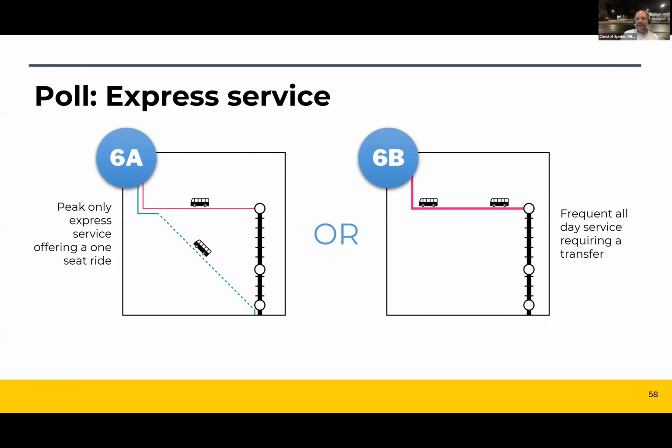Okay, and let's go ahead and close that poll. We have 64% of people voting for frequent all-day service requiring a transfer, and 36% voting for peak-only express service offering a one-seat ride. And with that, next slide.